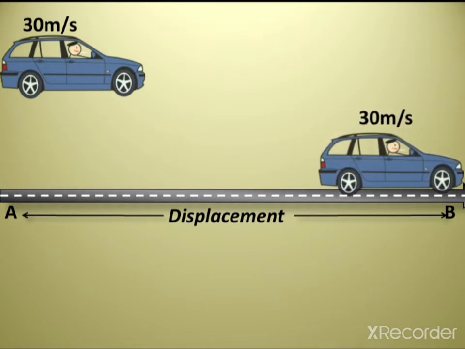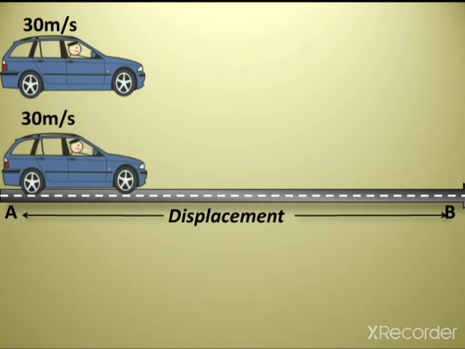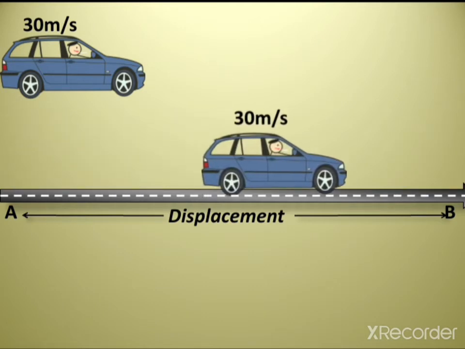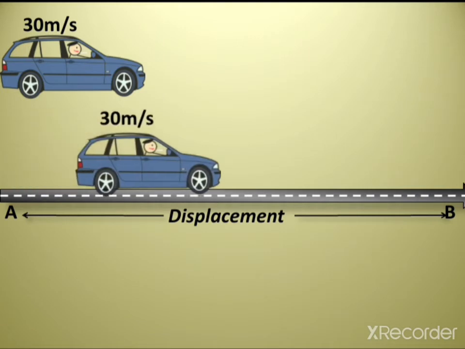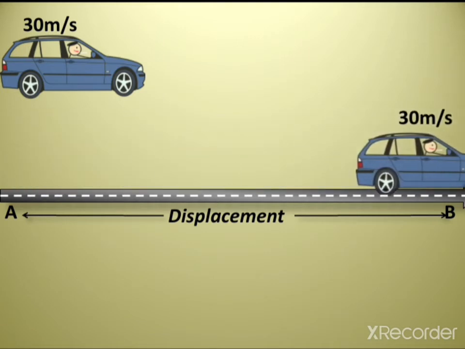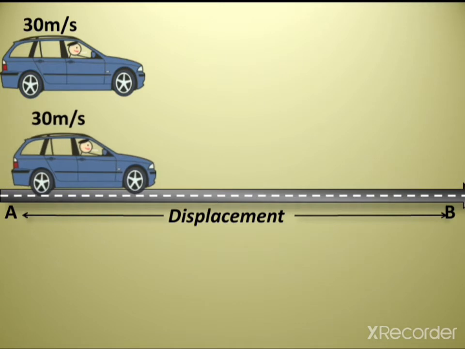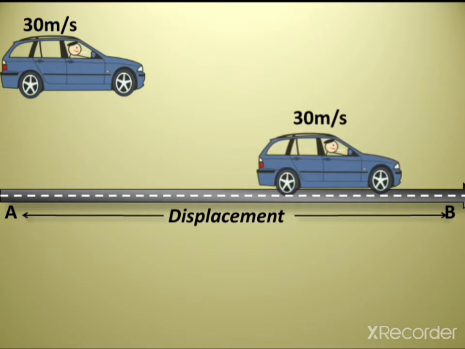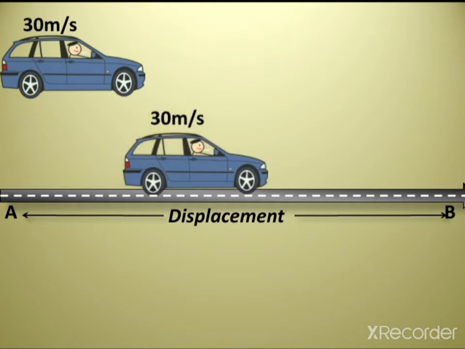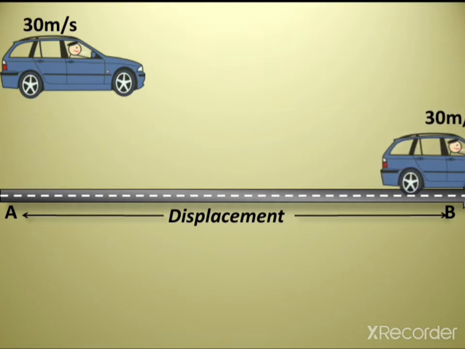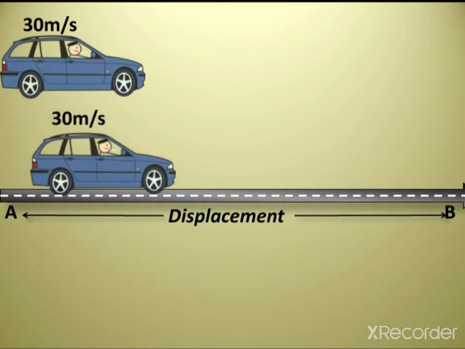Okay, displacement does not give you information about how the moving body is traveling, through which path the body is traveling during its entire journey, but it is only associated with the starting point and the ending point.